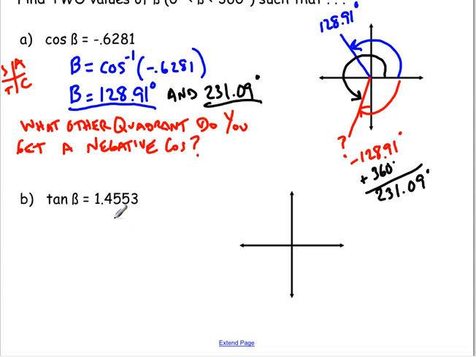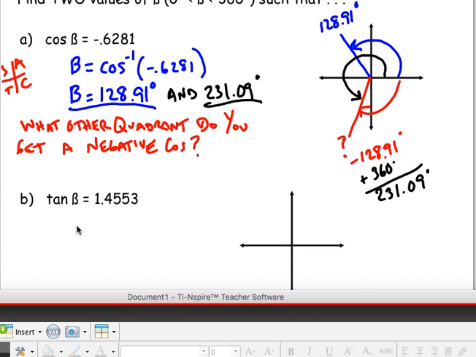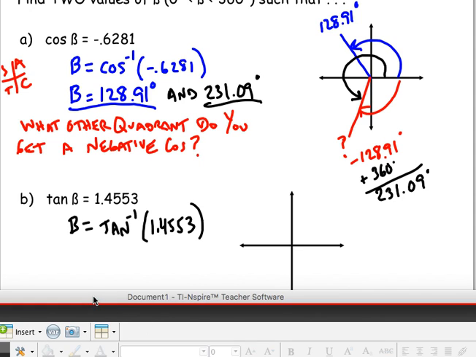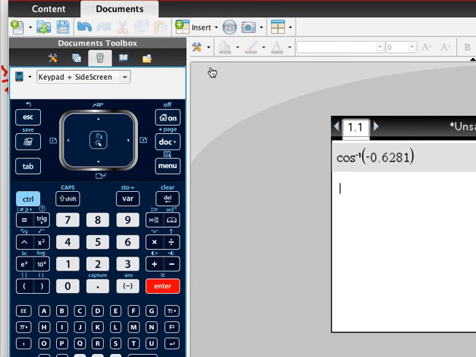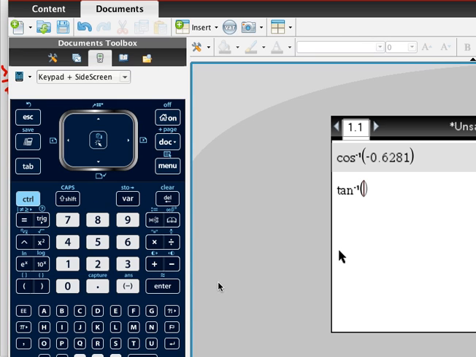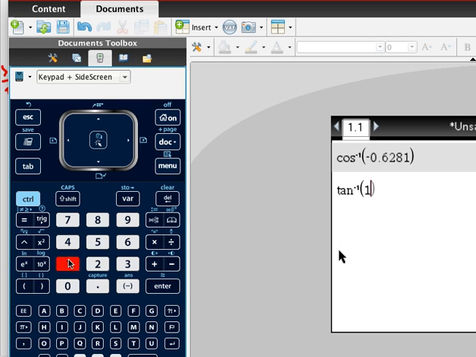Okay, this is the last problem, so let's do it on the calculator. So actually beforehand, in order to get beta alone, I'm going to have to do the inverse tangent of 1.4553. Okay, so get your calculator, go to the trig, inverse tangent, and then type in 1.4553.